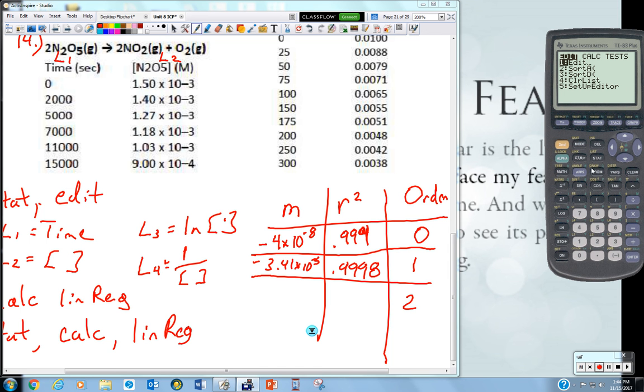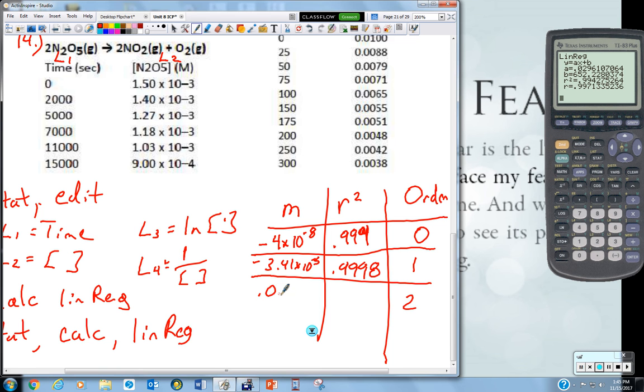And then we'll do it again. Stat, Calc, linreg, and then this time we're going to go L1, L4, and that one gives us 0.0296.